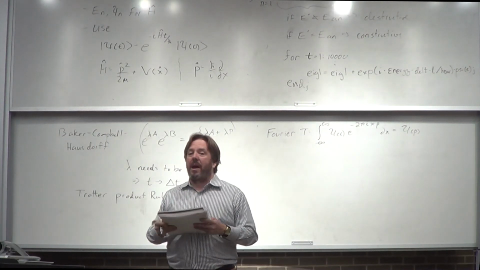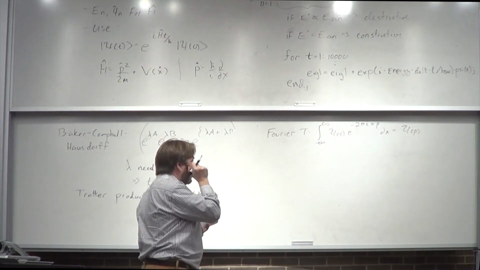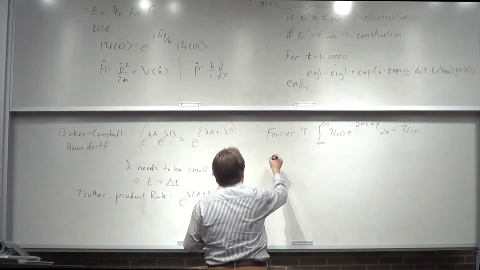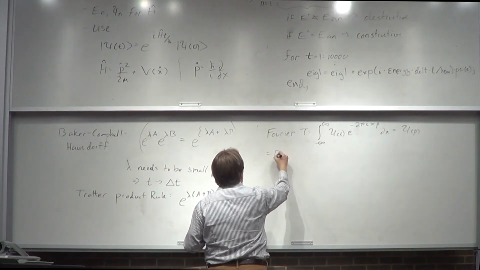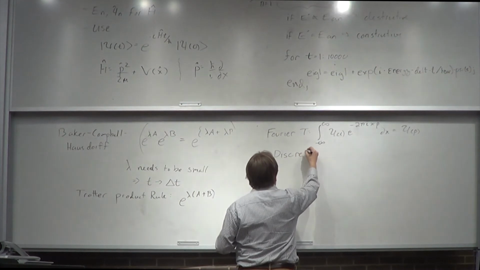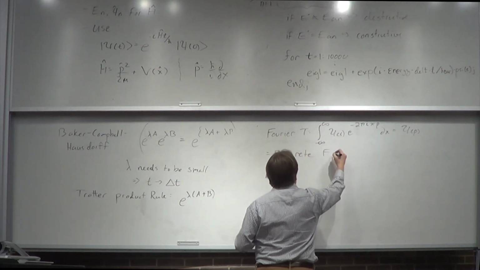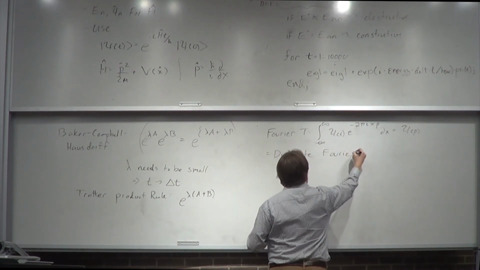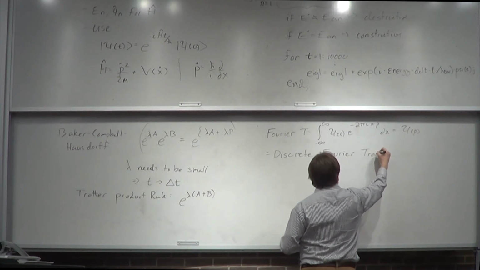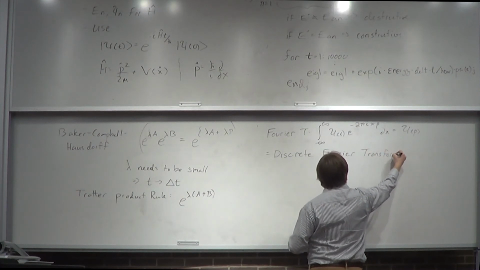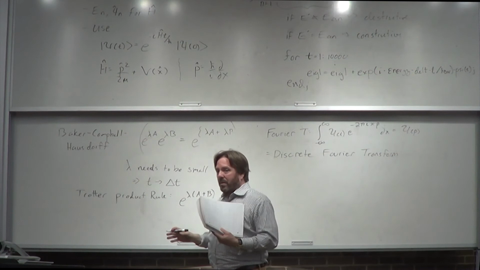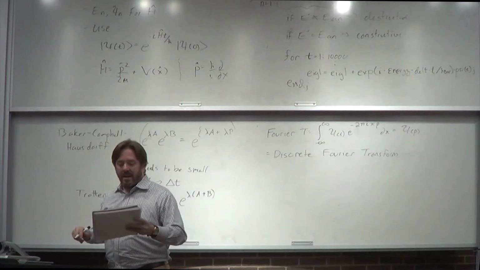But now you need to know how they work. So a fast Fourier transform is not a Fourier transform. It's really a discrete Fourier transform. And the differences are pretty important, so you need to know how that works.